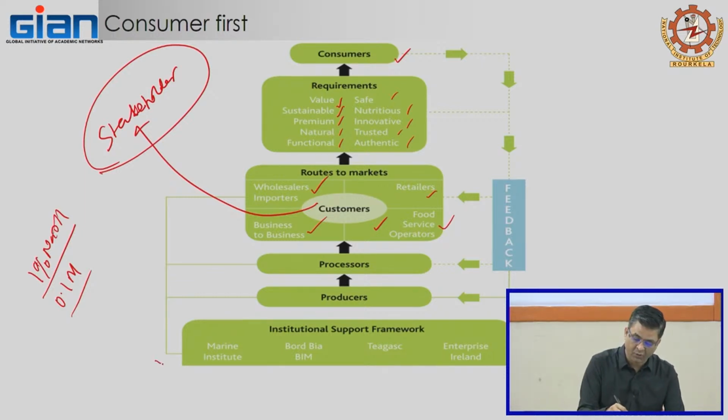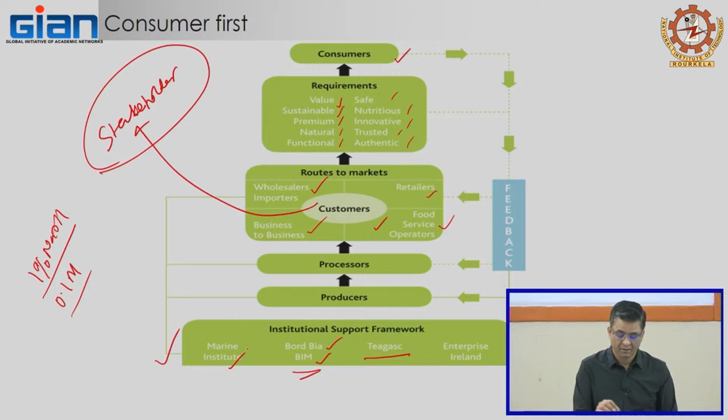Now, another stakeholder comes in, institutional support, and this is just an Irish context. If you see, this is TEAGASC, our own organization, Bord Bia, that is the Irish Food Board, BIM, Bord Iascaigh Mhara, that is the way it is named, and the Marine Institute.